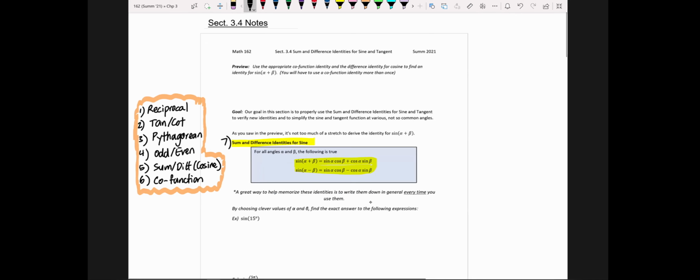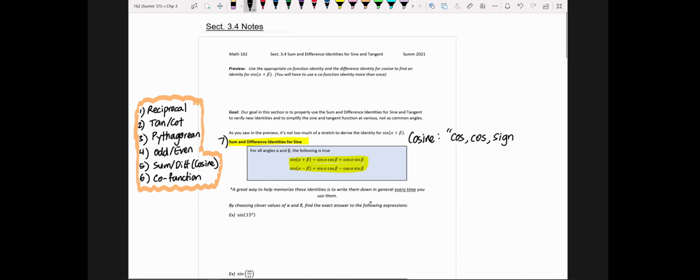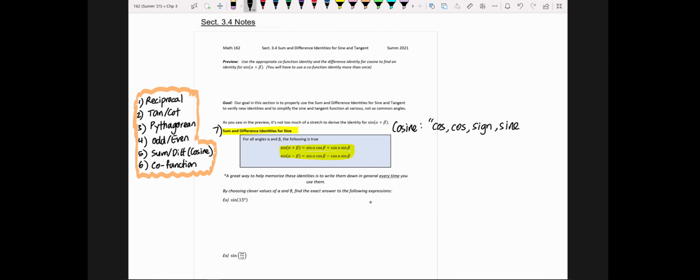Okay, so for cosine, we had, it was cosine, change the sign, sine. So I said it was cosine, sine. We insert first angle, second angle, first angle, second angle.